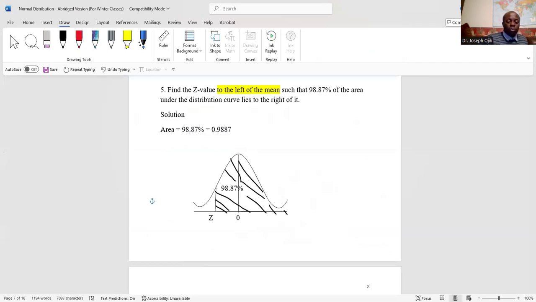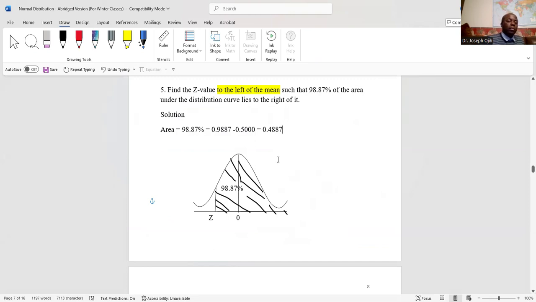So this is minus 0.5. If you're using a cumulative table, you don't require to do this, because it would give you the wrong answer. That gives us 0.4887. So instead of looking for 0.9887, look for 0.4887 on the table.